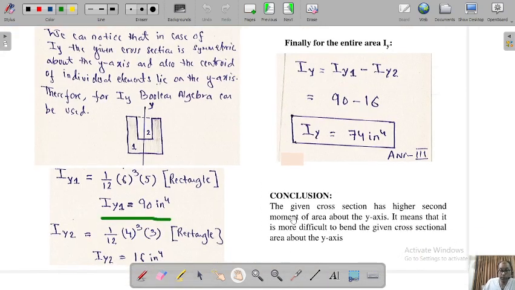We can be asked in the exam which second moment of area is more important from the symmetry point of view. The given cross section has a higher second moment of area about the y-axis. It means that it is more difficult to bend the given cross section about the y-axis.